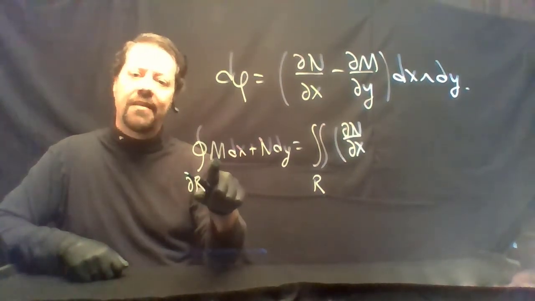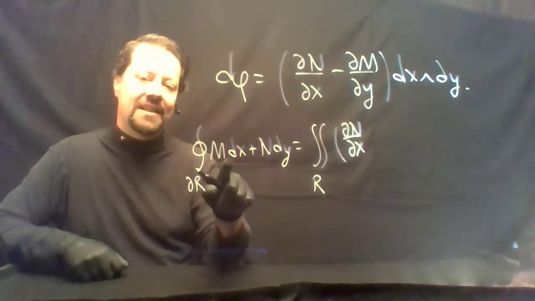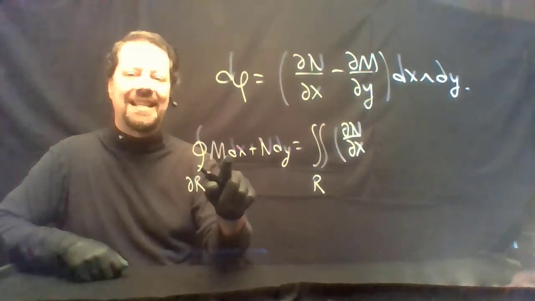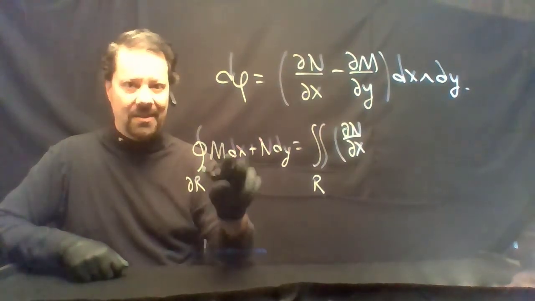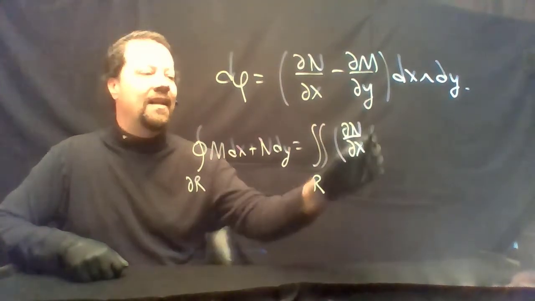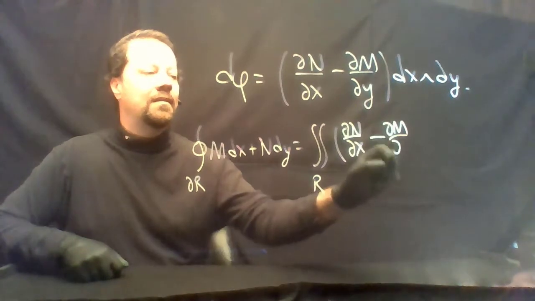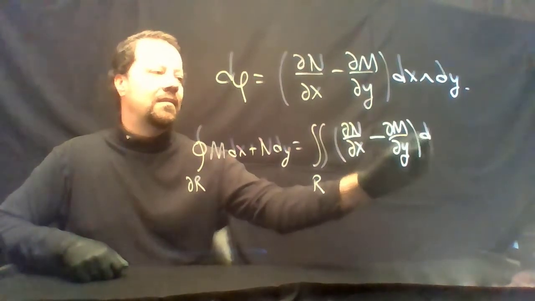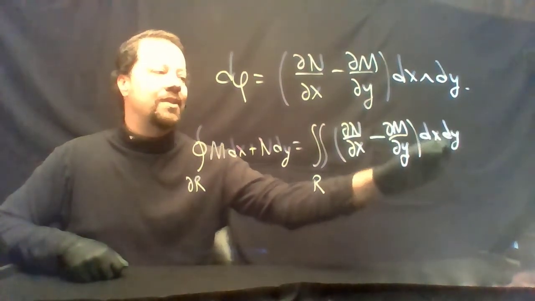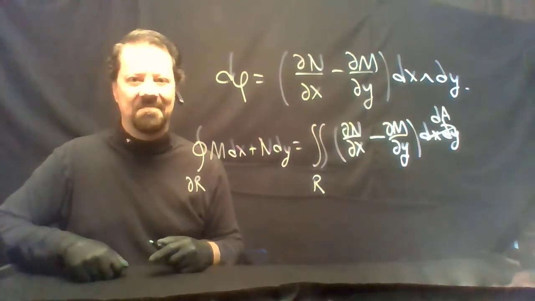The only derivative here that will survive is dm/dy, but when you put a dm/dy in here, you'll have dy wedge dx, which has to be reversed in order to combine the two terms. That generates a minus sign.